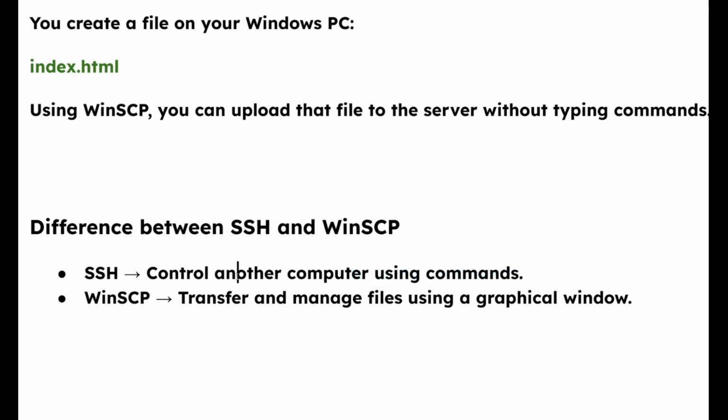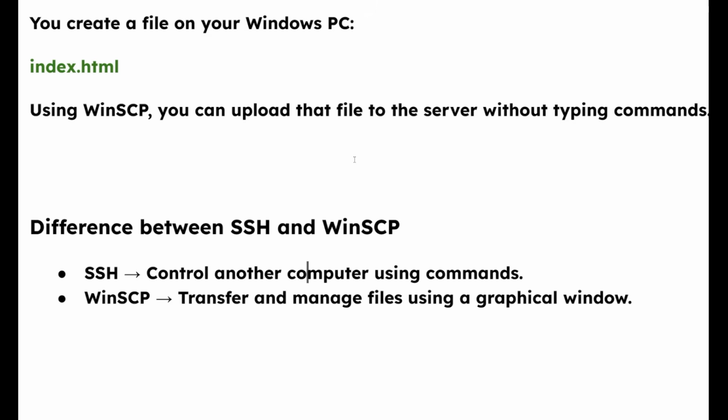Through that we were controlling Ubuntu, Linux, CentOS, these things, right? With the help of our PowerShell, with the help of our Git Bash, right? How? With the help of SSH. But with the help of WinSCP, you can transfer and manage files also using a graphical window. That's the difference.